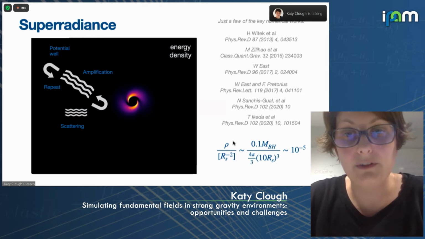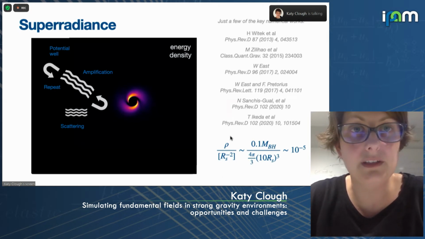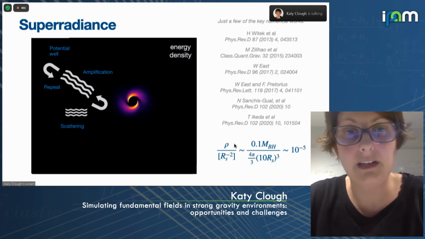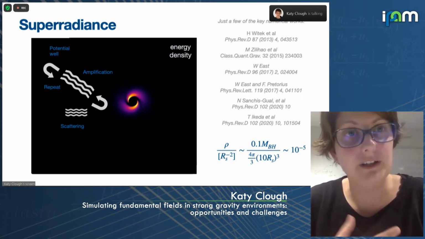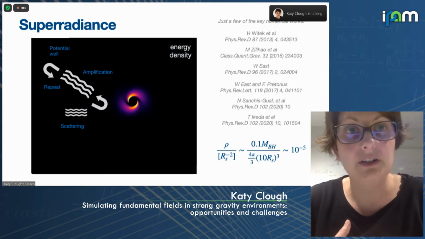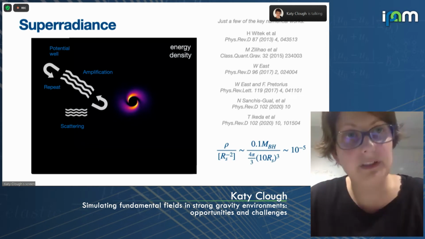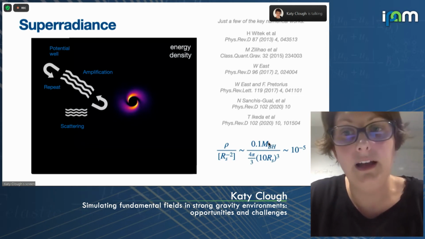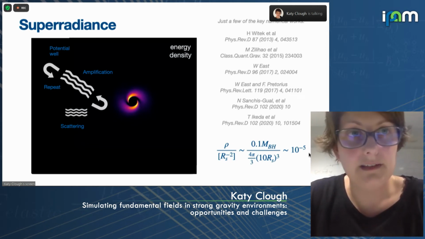And this number is the one that's really important when you consider any kind of gravitational effects of the cloud. So this is going to tell you about impacts on ringdown, inspiral, merger, things like this. So really how much it's going to change the dynamical properties around this black hole. So you would really like this number to be order 1. 10 to the minus 5 is small, but it's not actually tiny.